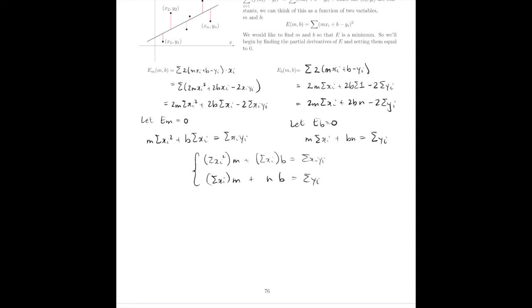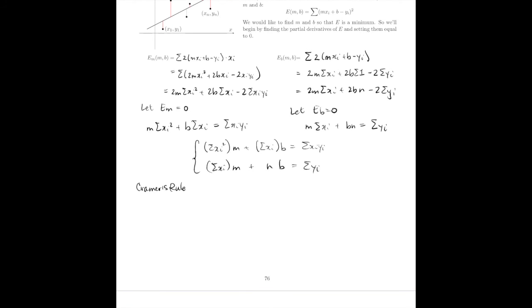We could do this in a host of different ways. I'm going to do Cramer's rule that you will remember from your linear algebra course. And Cramer's rule tells us, let's solve for m, that we're going to have a ratio of determinants. The denominator is going to be the coefficient matrix: the sum of the x_i squared, the sum of the x_i, the sum of the x_i, and n.